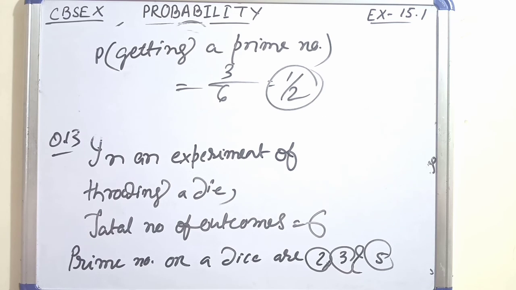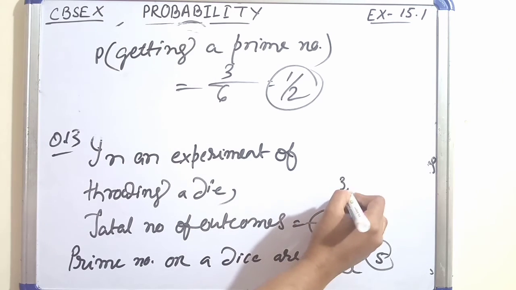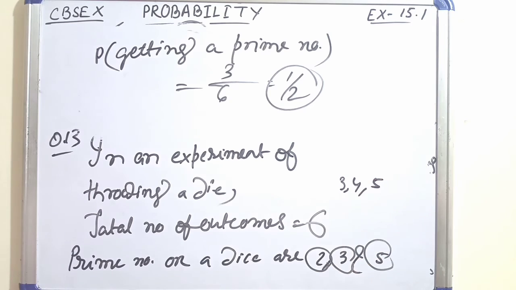And next, a number lying between 2 and 6. That means 3, 4 and 5. Lying between 2 and 6 means only these 3 numbers.